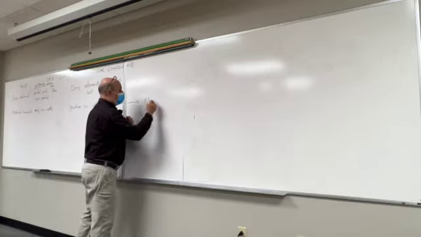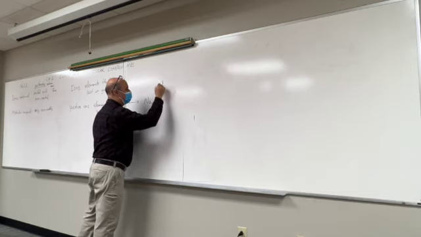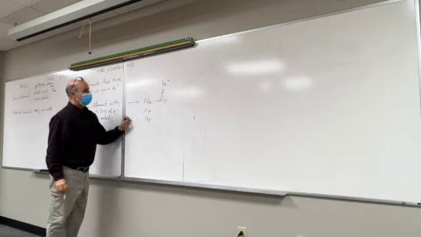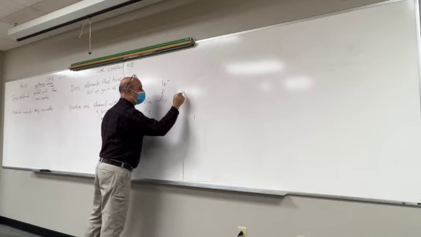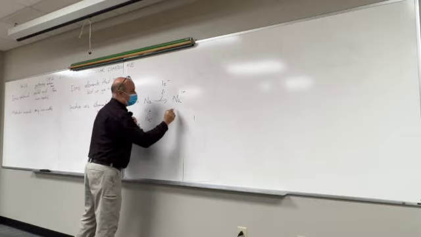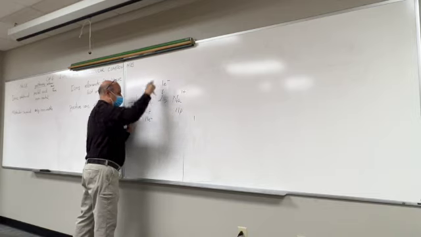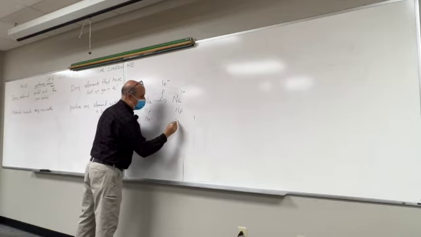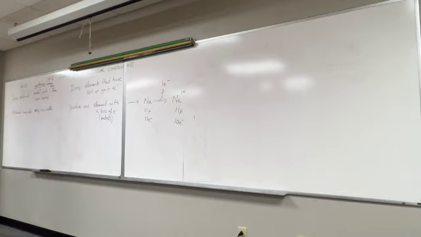When sodium loses an electron, so one electron goes away, sodium becomes Na1+. It still has 11 protons, but this electron that went away is now subtracted from the total of electrons. So it has 10 electrons.